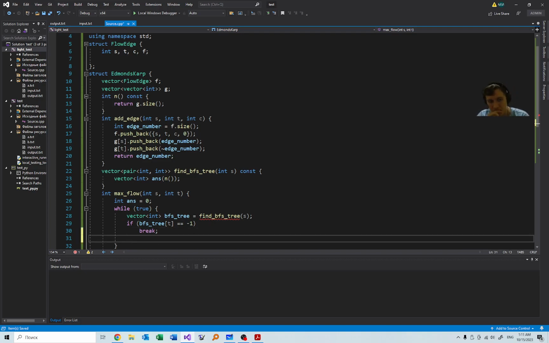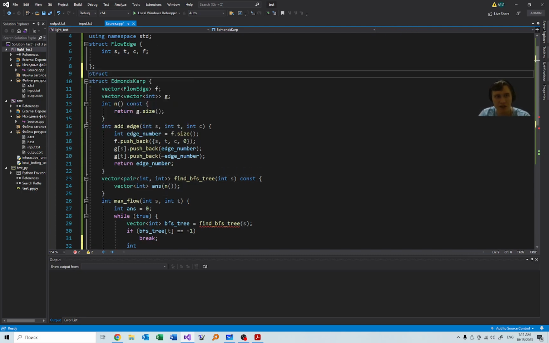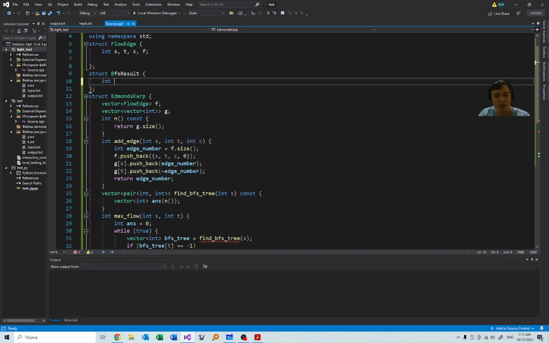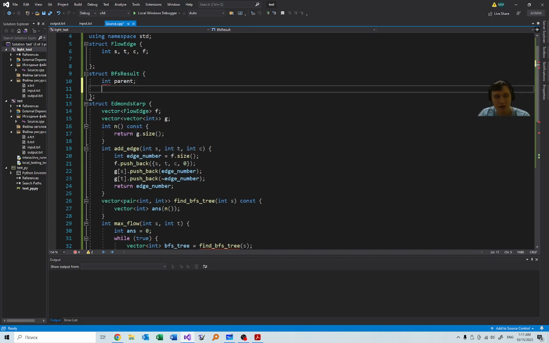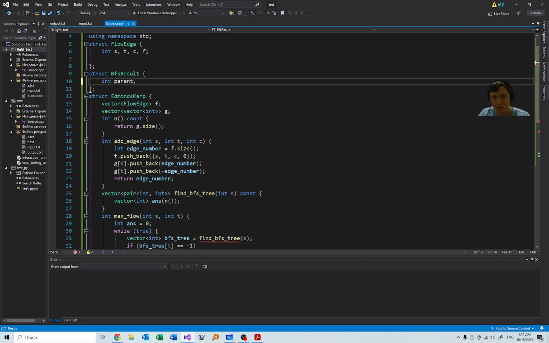And then we say int. Actually, I can make a tuple. So let me extract BFS result. So here we store parent, capacity, residual capacity actually, and we store edge number.